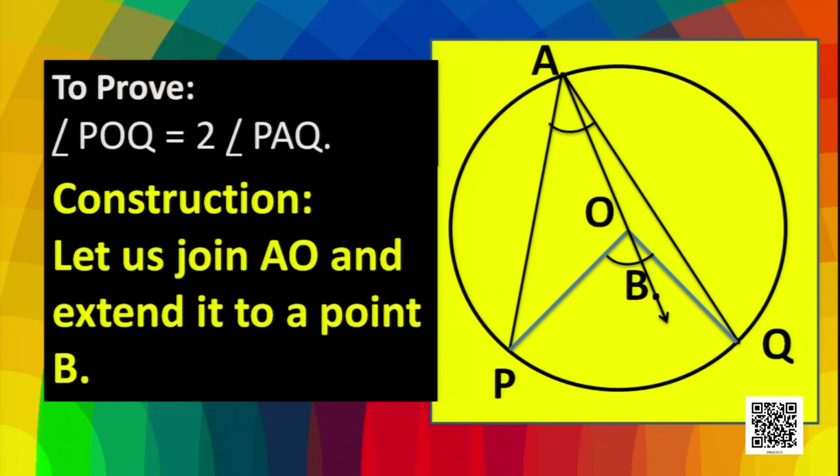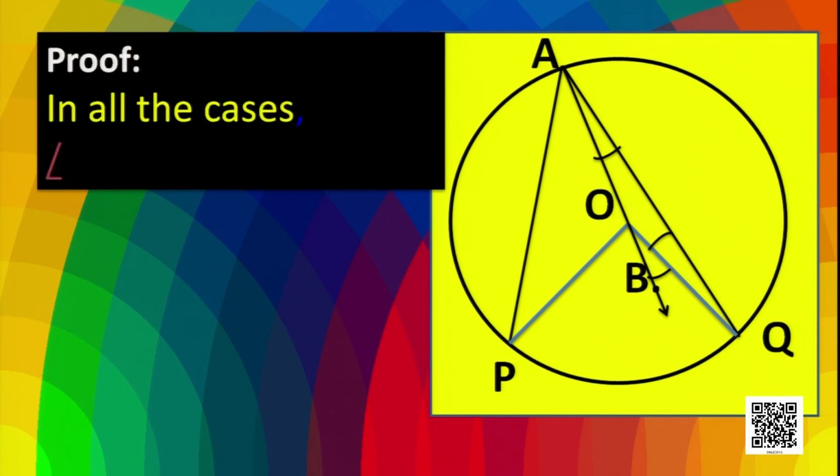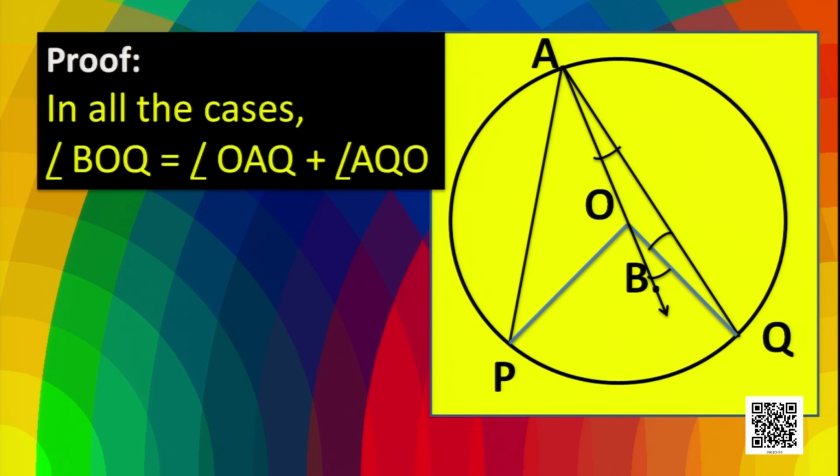Now let's have the proof. In all the cases, you see BOQ is the exterior angle of the triangle AOQ, and we know that the exterior angle is the same as the sum of the interior opposite angles.